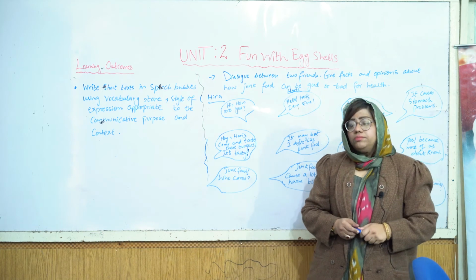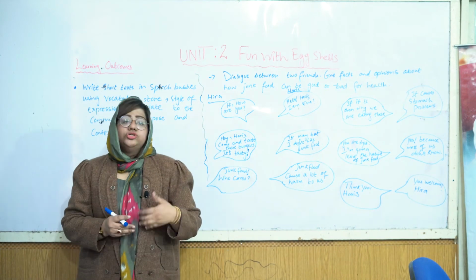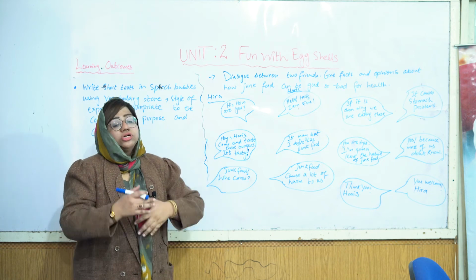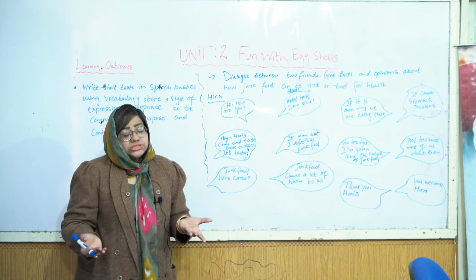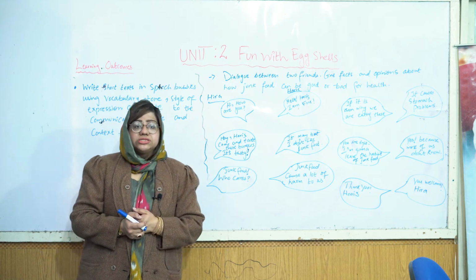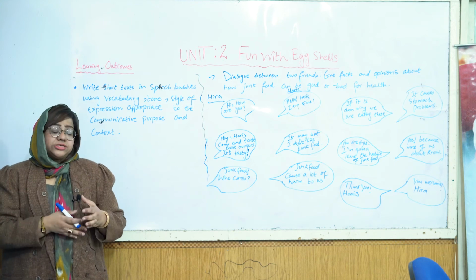What you need to do at home is write a dialogue with your friend or your sibling at home, and try to converse on any topic. You can practice this at home, and try to write it using these words.